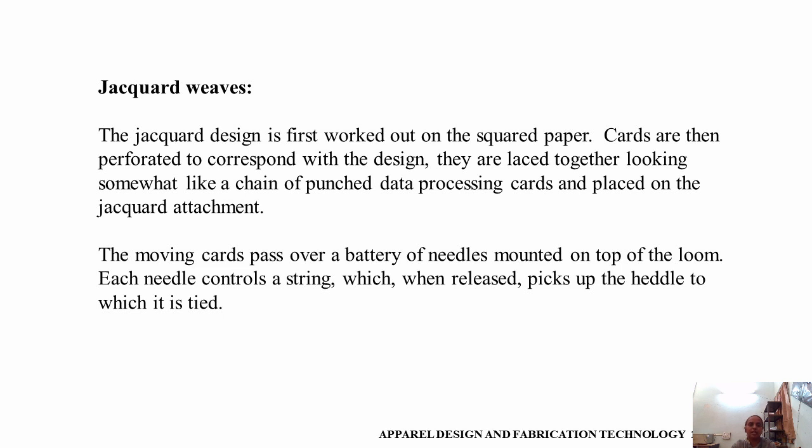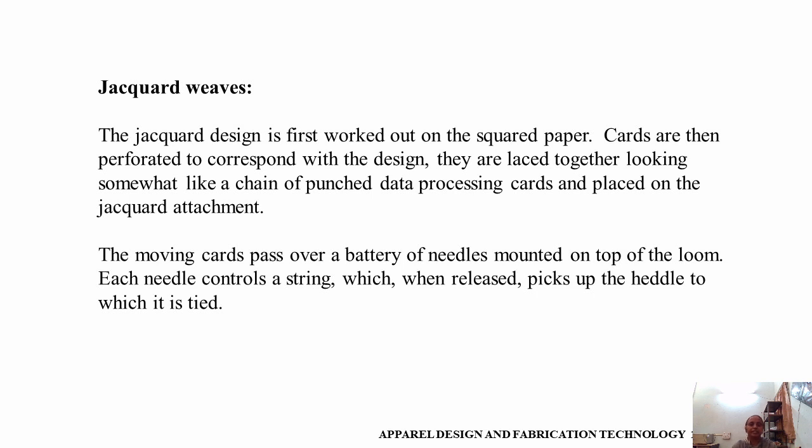The moving cards pass over a battery of needles mounted on top of the loom. Each needle controls a string which, when released, picks up the heddle to which it is tied.